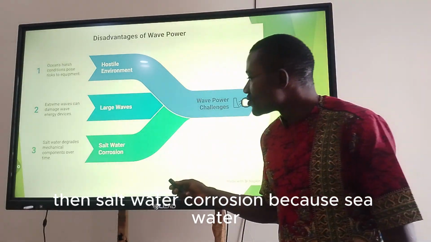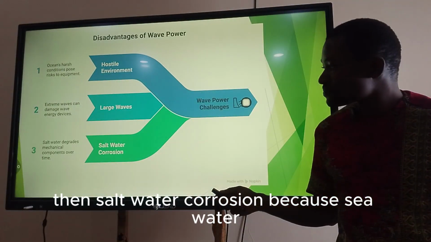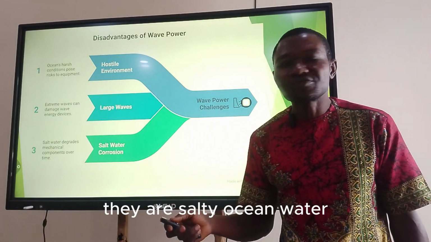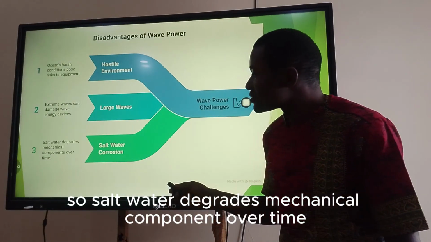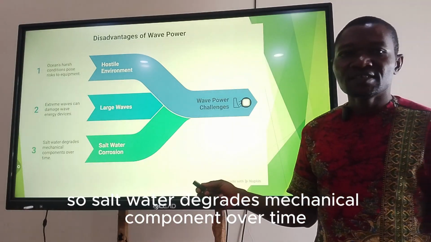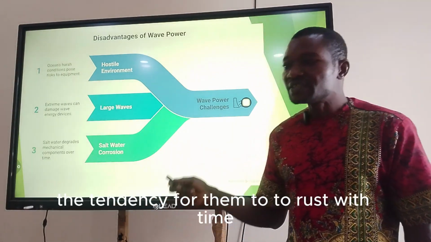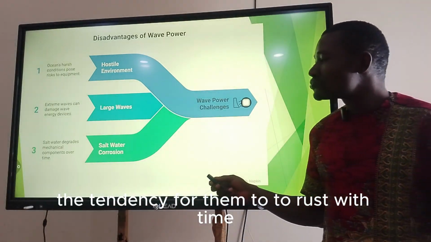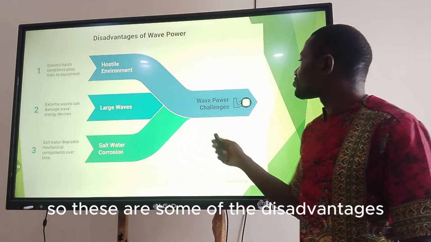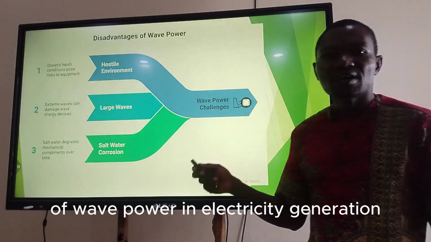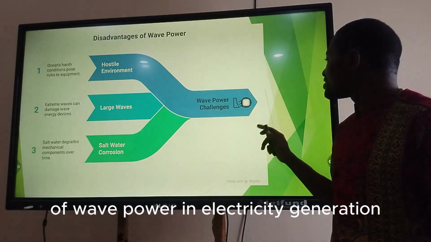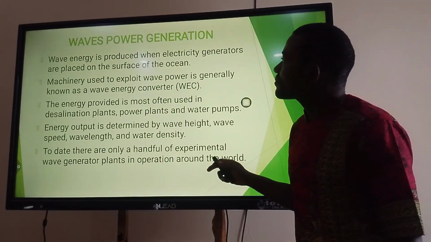Then salt water corrosion, because sea water is salty, ocean water is salty. So salt water degrades mechanical components over time. The equipment to be used have a tendency to rust with time. So these are some of the disadvantages of wave power in electricity generation.